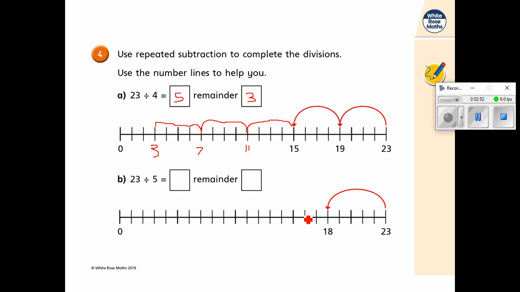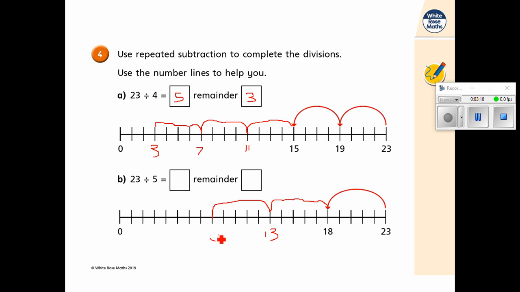And the second part of question number 4, we're now dividing by 5. So as you can see, 1, 2, 3, 4, 5. Each time we take away 5. So we take, there we go, 1, 2, 3, 4, 5. So that's 13. Then take away another 5. 1, 2, 3, 4, 5.